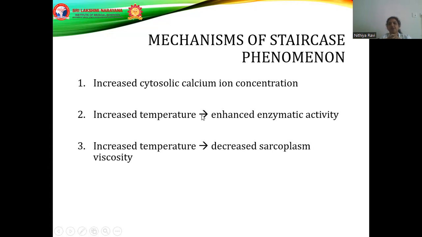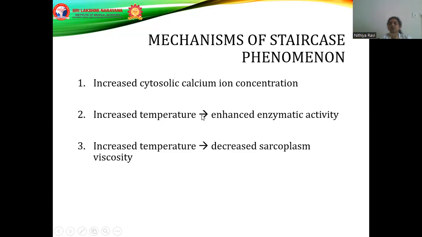To further explain the mechanism behind the staircase phenomenon, it increases the cytosolic calcium levels inside the cytoplasm. When the muscle fiber goes for contraction, the calcium concentration will increase in the cytoplasm, and when the relaxation phase occurs, this calcium will enter back into the sarcoplasmic reticulum, right?